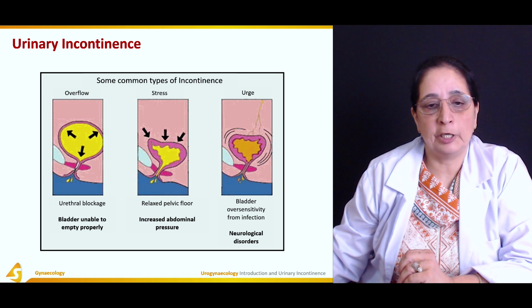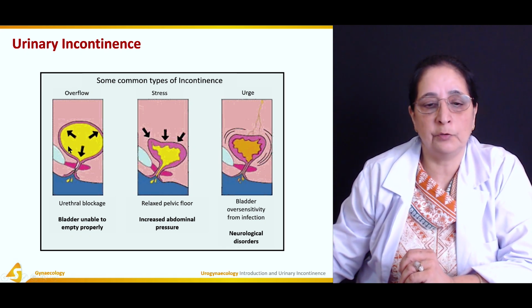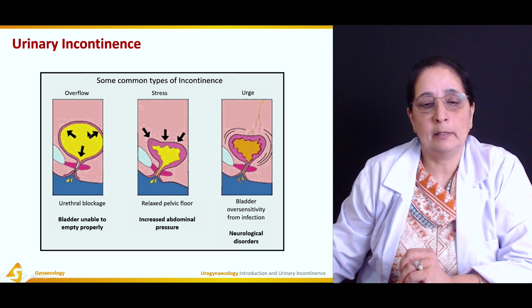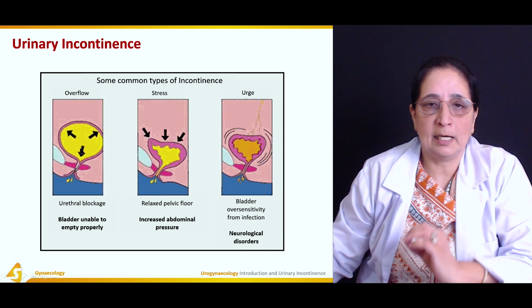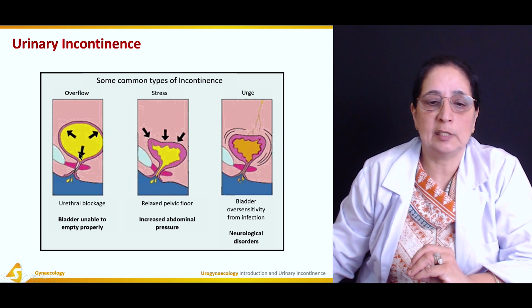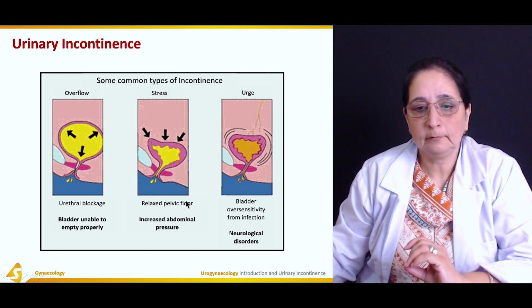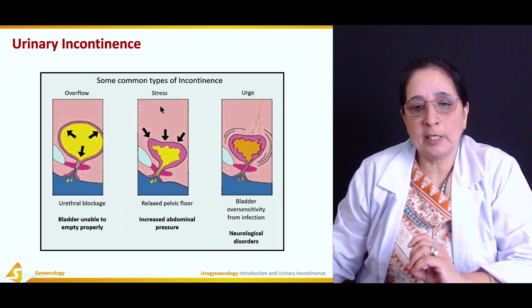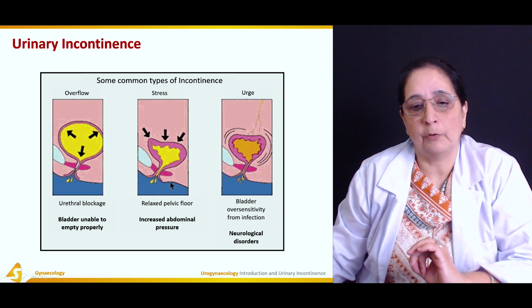So the pressure in the bladder increases because there is residual urine, and there is overflow incontinence. It's filled so much that it puts pressure on the urethral sphincter and some leakage of the urine occurs.